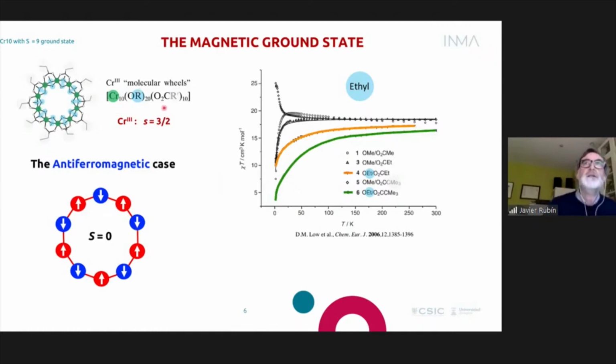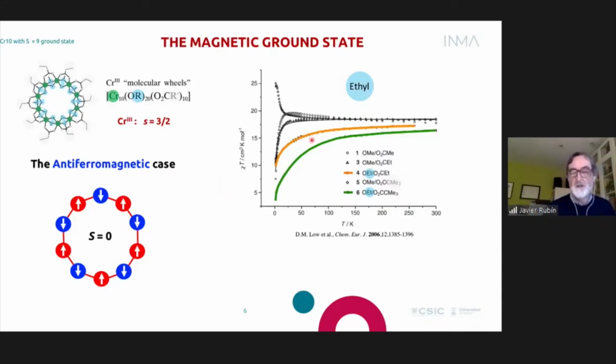These results, I start with just this ring inside, which is the ethyl group, and here we have 5 of the 6 members, and these members show susceptibility that corresponds to a completely antiferromagnetic ordering of the spins around the ring, and so the total spin is 0.